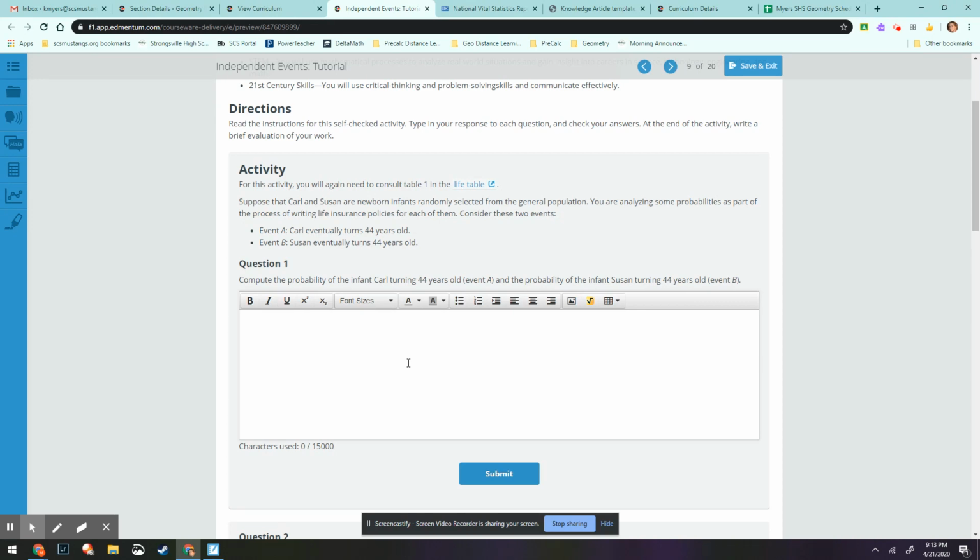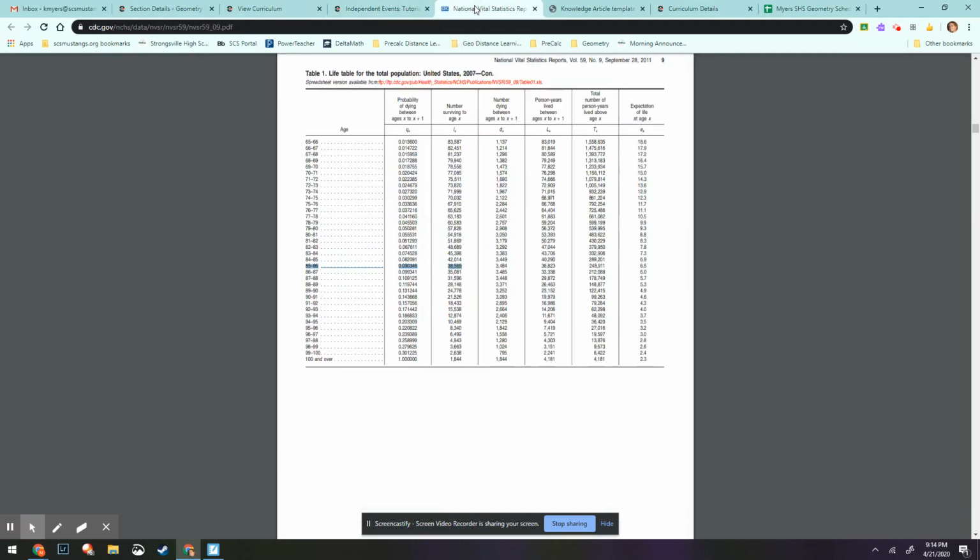If you want to use probability notation, say the probability of A, or you can even write it out. Those are the same thing. Start with A, the probability of Carl turning 44 years old.